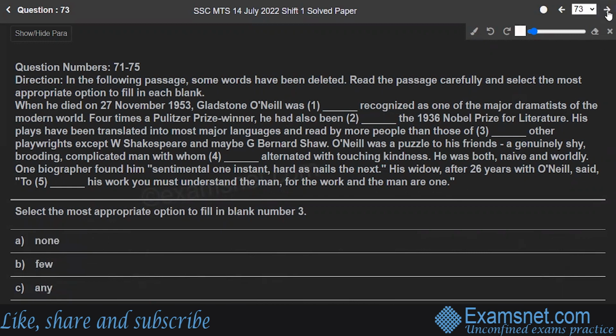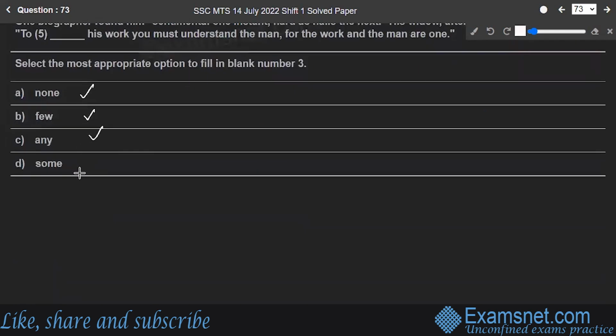Next, question number 73. It says, third blank now, his plays have been translated into most major languages and read by more people than those of dash playwrights, except W. Shakespeare and maybe G. Bernard Shaw. So over here, this blank number 3 can be filled by none, few, any, or some.